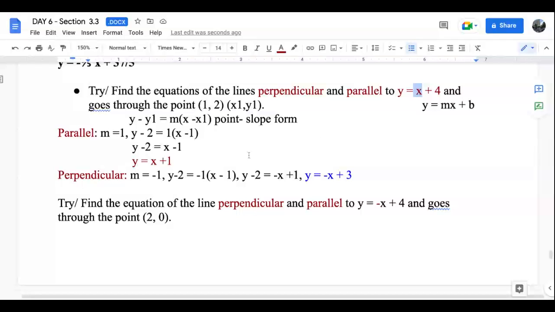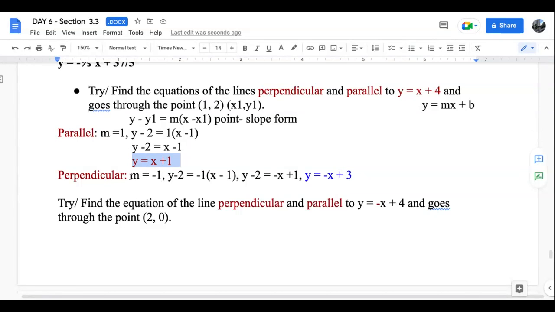The number before x is 1. So the slope is 1. Then we use this point: y minus y1, y minus 2 equals 1 times x minus 1. Simplifying, we get y equals x plus 1. So the line parallel to this and passing through this point is this.